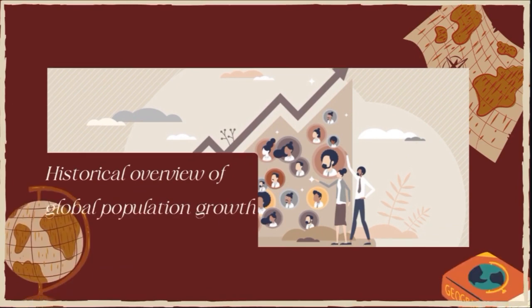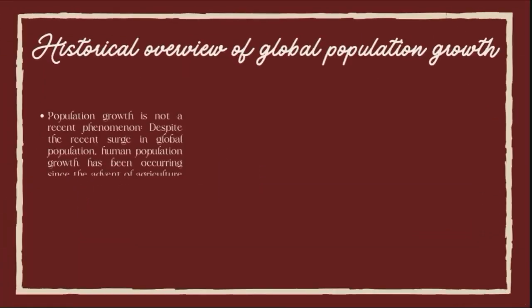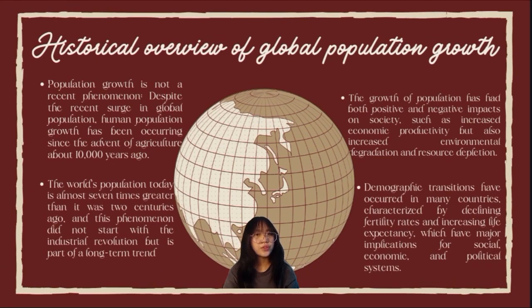Next is the historical overview of global population growth. Population growth is not a recent phenomenon. Despite the recent surge in global population, human population growth has been occurring since the advent of agriculture about 10,000 years ago. Before the advent of agriculture, human populations were largely dependent on hunting and gathering.